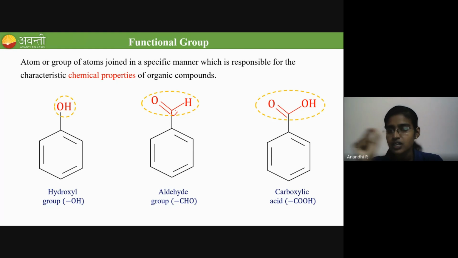So these are some of the very important functional groups which you will be studying in your upcoming lessons. Whenever these compounds react with some other thing, the reaction occurs only in the OH, the CHO and the COOH part. Got it?